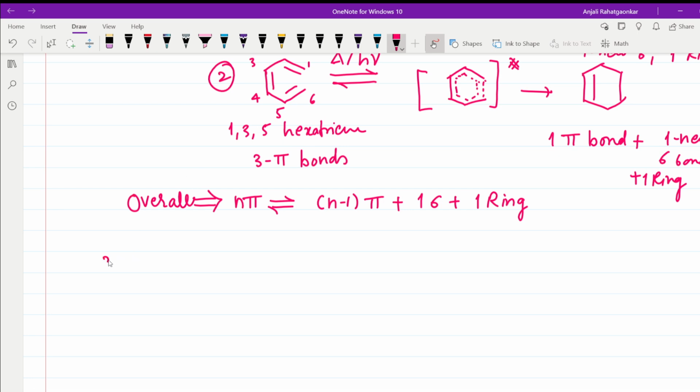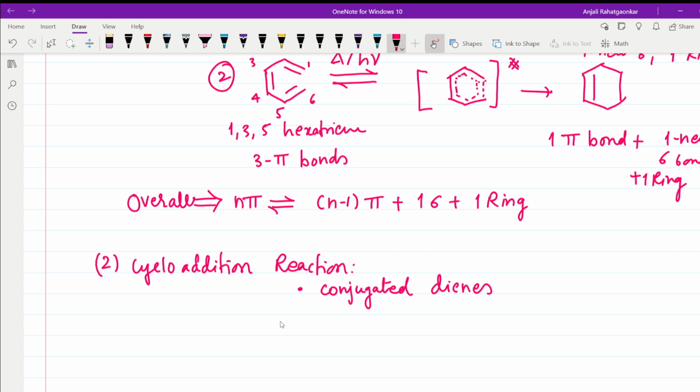Let us see another type of reaction, that is the cycloaddition reaction. In the cycloaddition reaction, again conjugated dienes are involved.